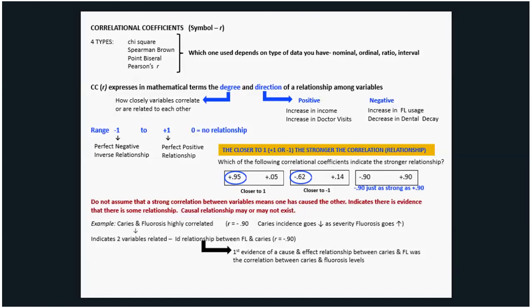So they realized there was a reduction in caries with an increase in fluorosis, and that led on to more research, which a good research study does. A research study should open up several other questions for people to go in and start looking at other relationships. With this, they said, okay, what causes fluorosis then?